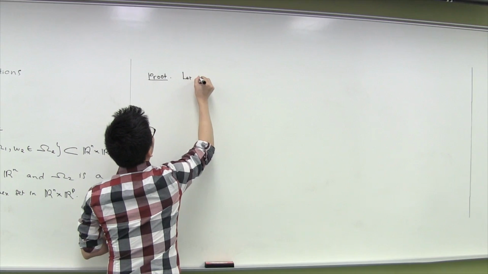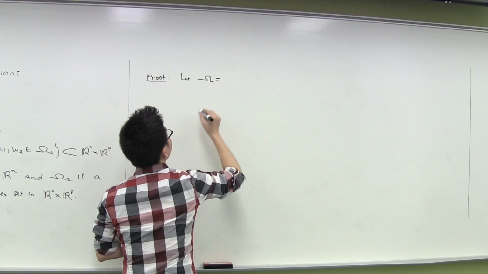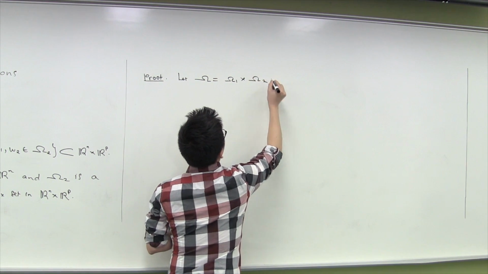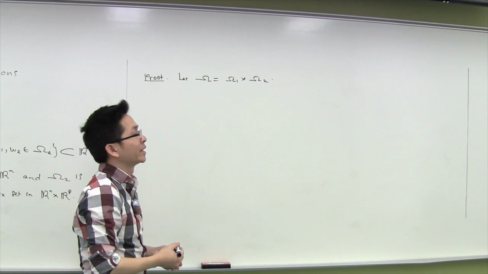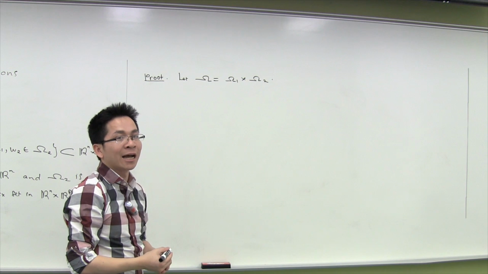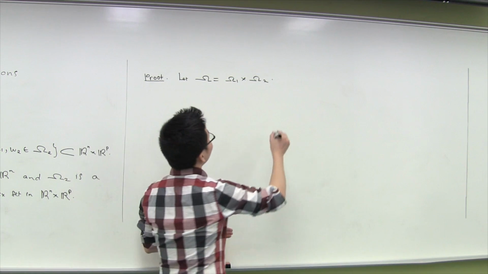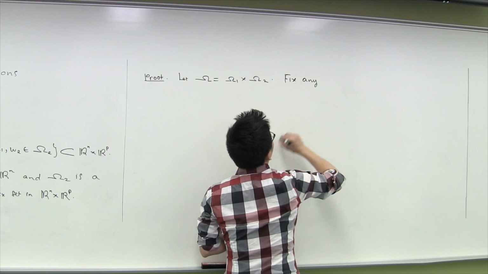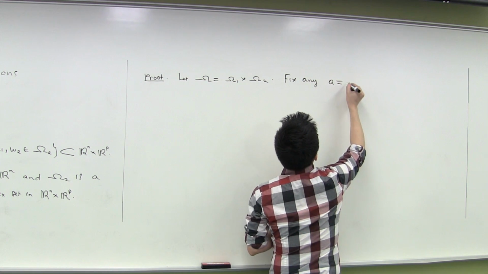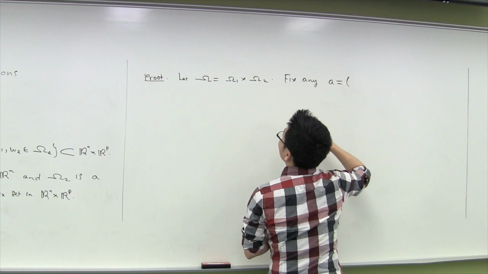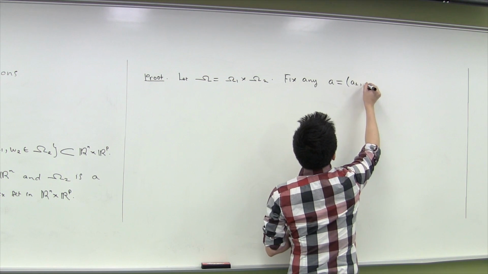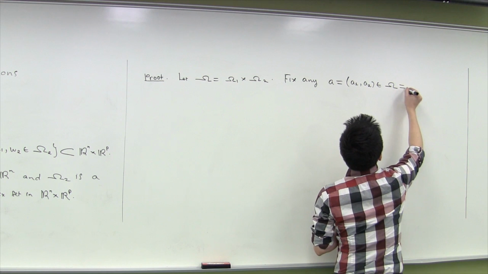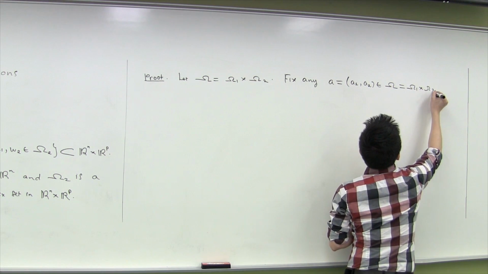Let omega be the Cartesian product of omega 1 and omega 2. Our goal is to show that omega is a convex set in Rn times Rp. So fix any element A in omega. So A has two components, A1 and A2. Omega here is omega 1 times omega 2.